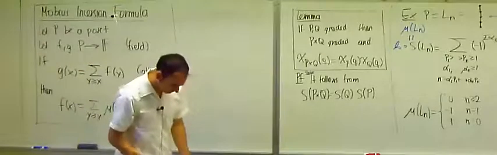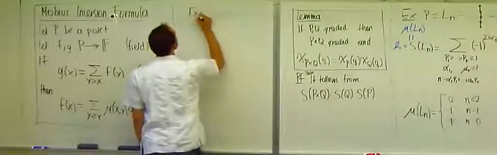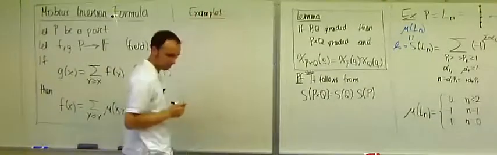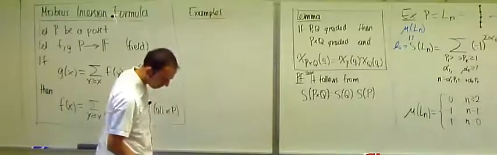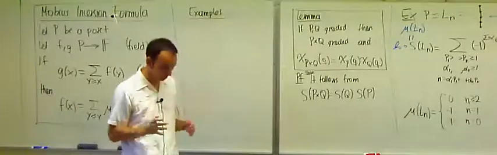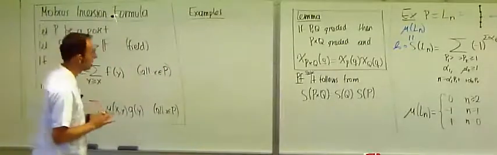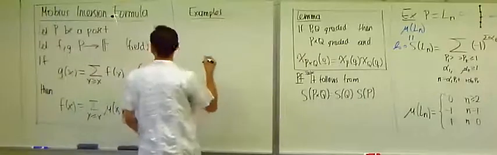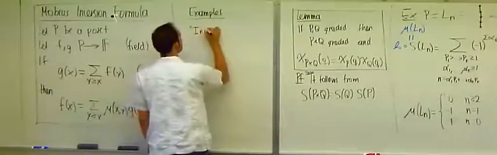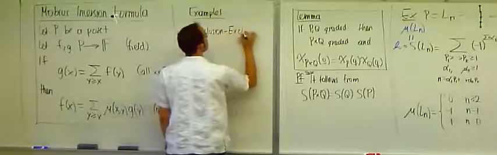So let's do some examples of this Mobius inversion formula. And I wrote in my notes in parentheses that this is just a few of many, many examples that exist out there. Okay? One example is something called the inclusion-exclusion formula in combinatorics.